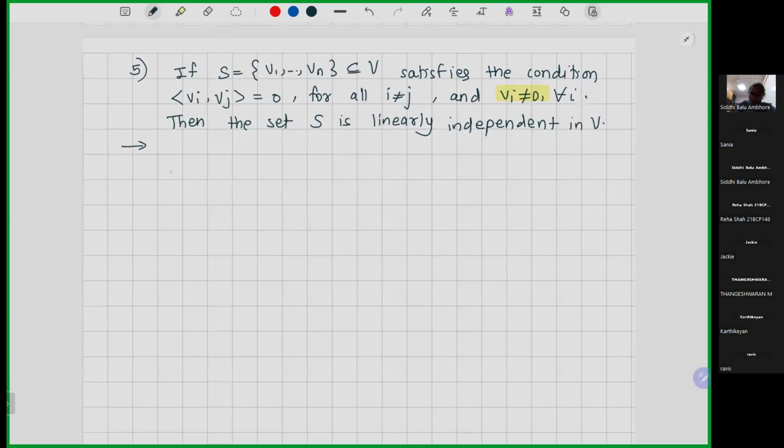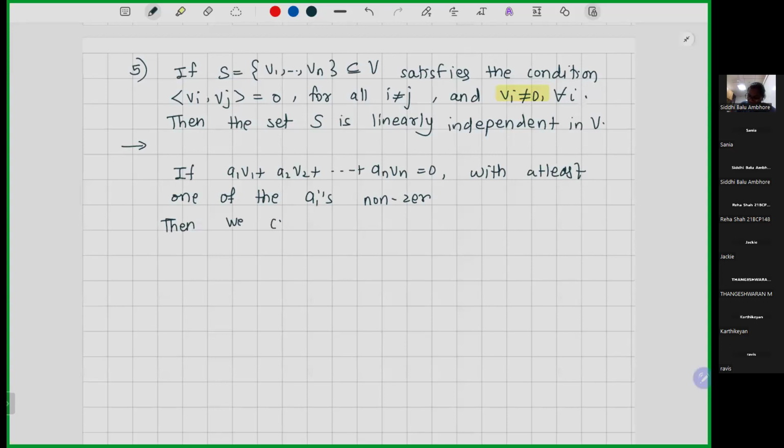Okay, so we'll do that again this week. So let a1 v1 plus a2 v2, and so on, of this sort be 0, with at least one of the ai's non-zero.